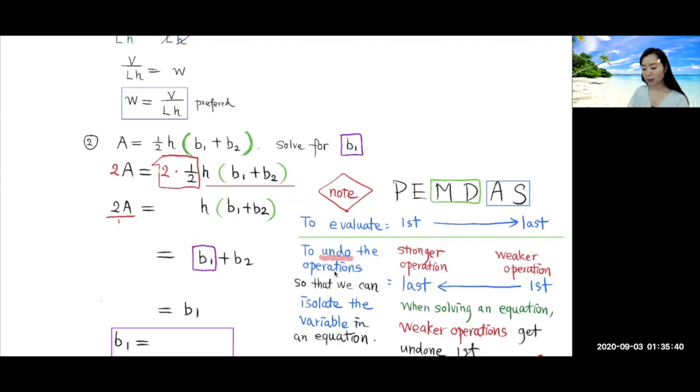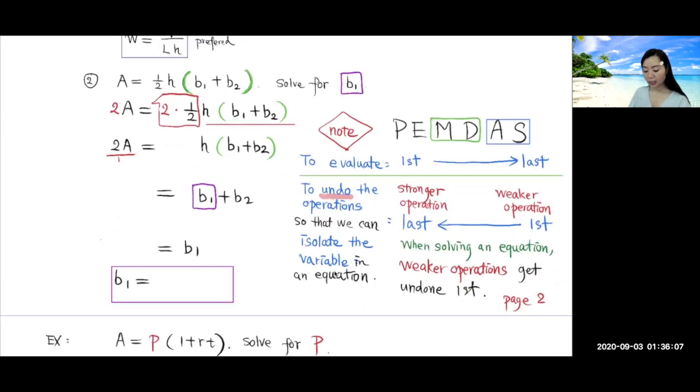Same thing here with operations. The weakest operations get undone first. Multiplication and division get undone later, exponents later, and finally parentheses.